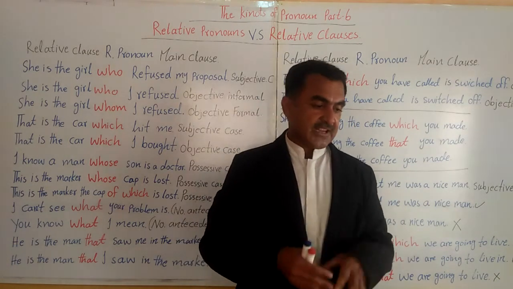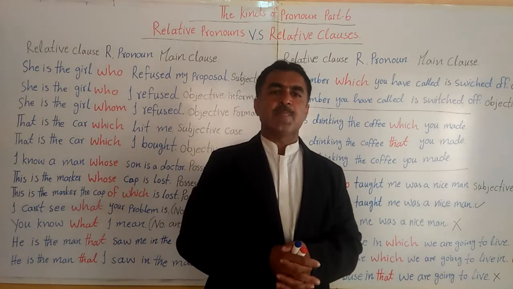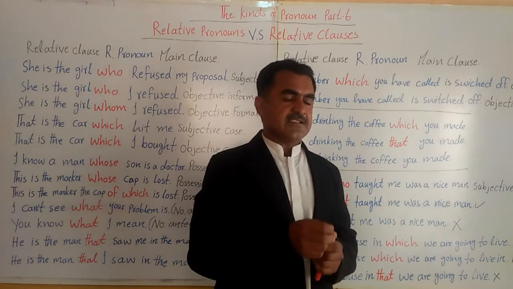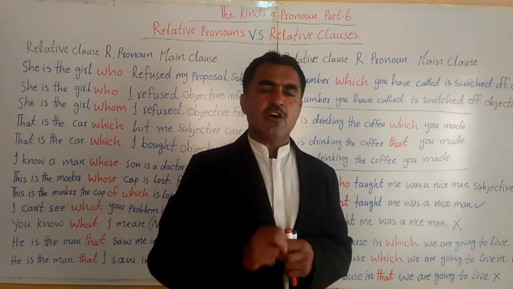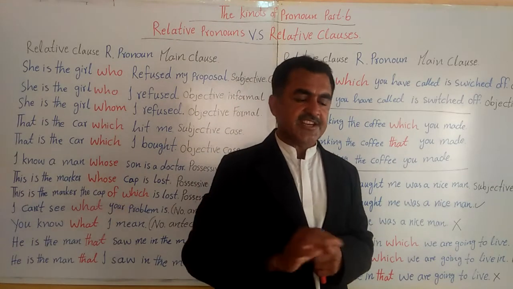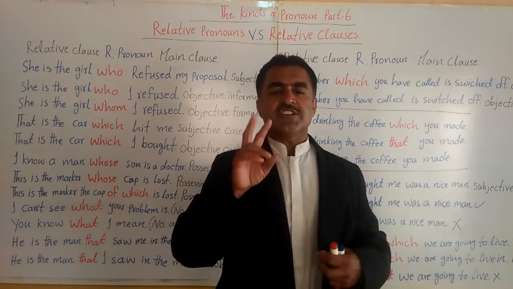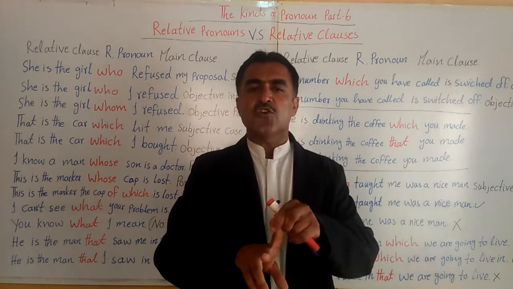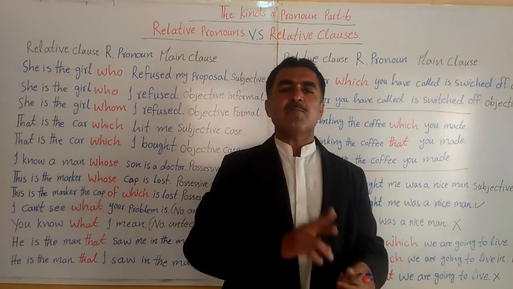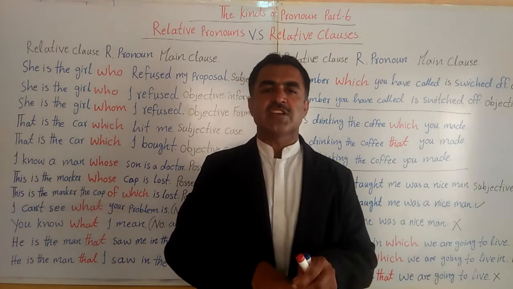Now the difference between formal and informal is this: formal English is used mostly in written English, in books. Written English is called formal English, old English, original English. And informal English is called modern English, spoken English.